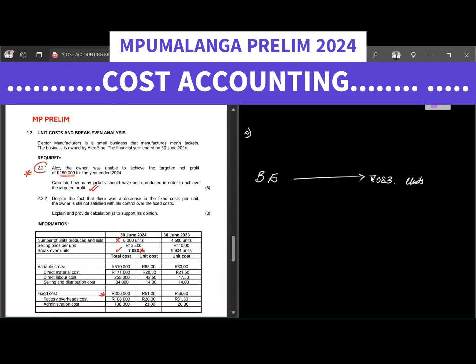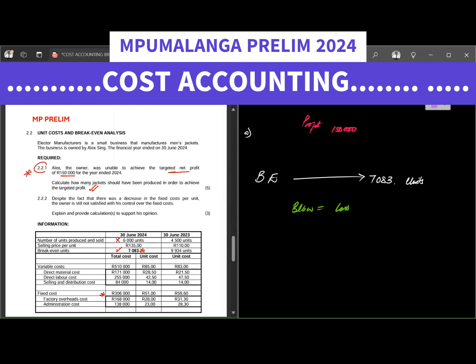Now, we know that the number of units produced and sold is 6,000. Below the break-even point we are making a loss, and above we are making a profit, and we intend to make a net profit of 150,000.